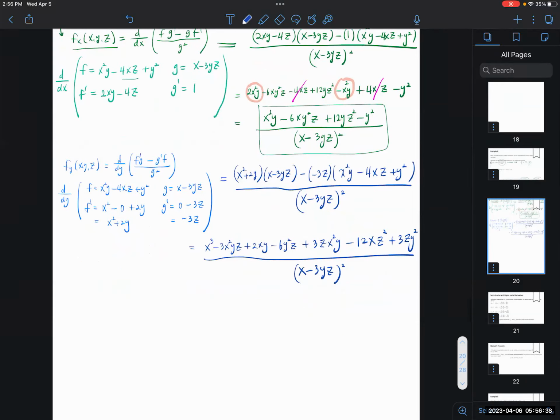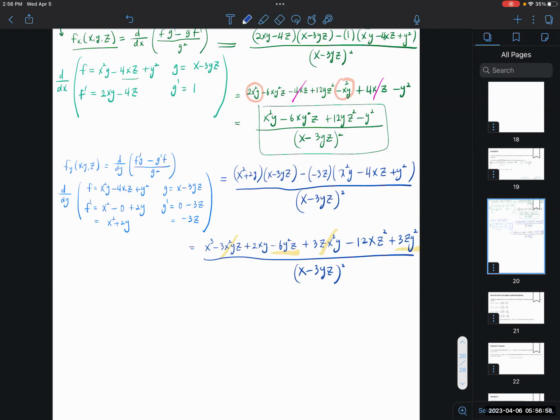All right, can we simplify any number? Is there any combining like terms? I do see, okay, this cancels, plus x squared yz, bye-bye. And also we can combine these two. They're the same, y squared z. So it's going to be negative 3.